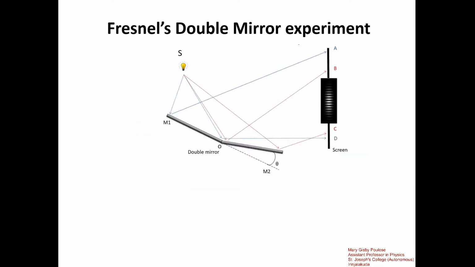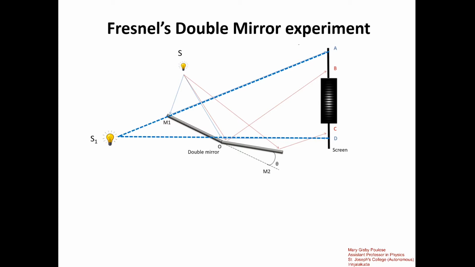Now in this experiment, if we look from the screen into the mirrors, I'm just backtracking each ray. First, let us backtrack the blue rays. They meet at a point here, and that happens to be the position of the first virtual source S1.